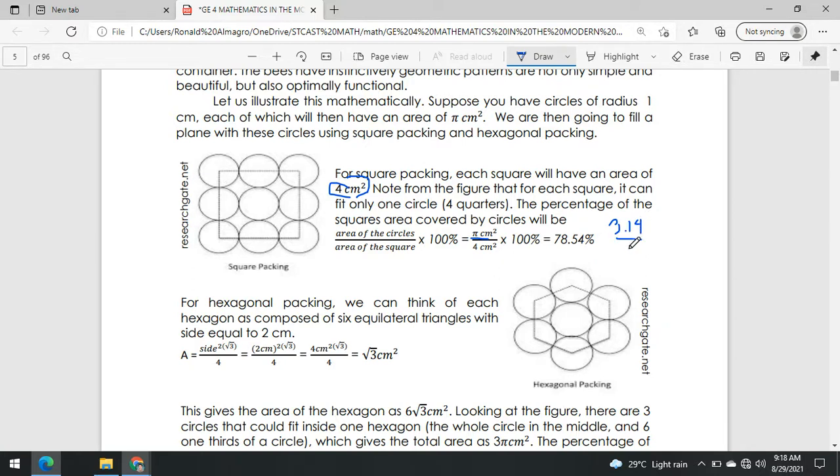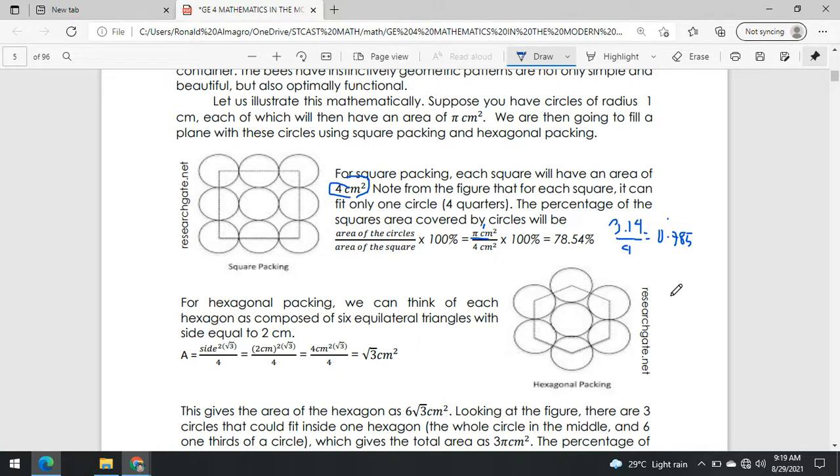We don't need to substitute 1 for r, because 1 times 1 is automatically 1. So 3.14 divided by 4 is 0.785.